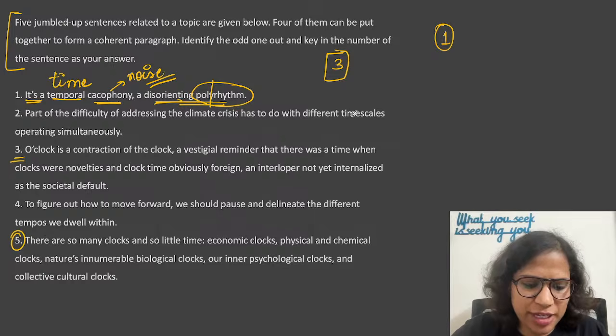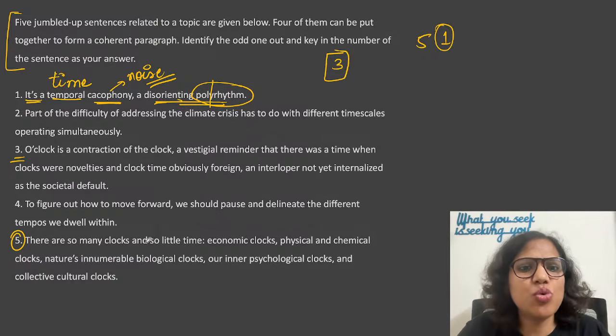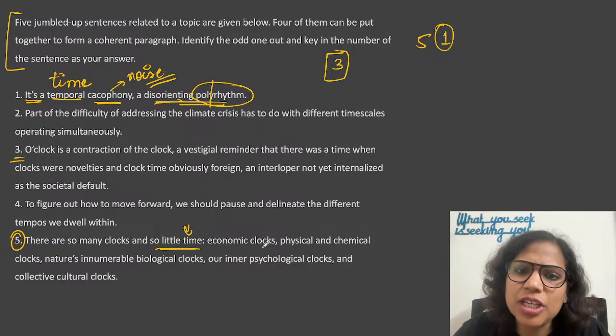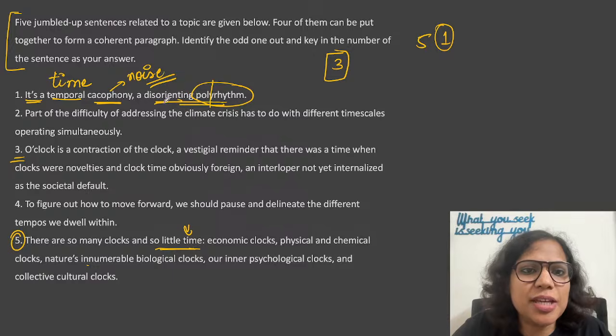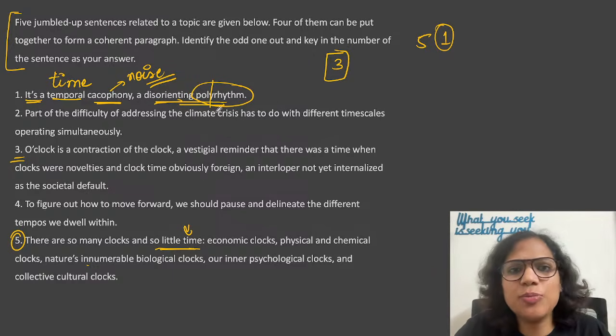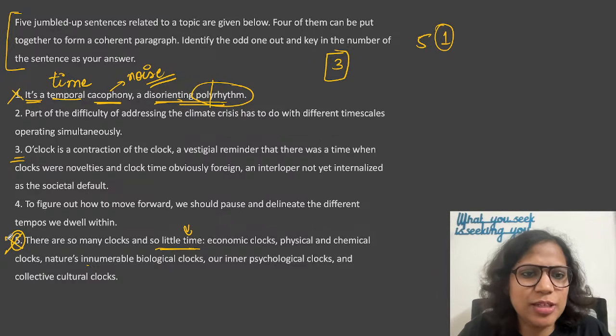It is referring to 5. There are so many clocks and so little time. Economic clocks, physical and chemical clocks, nature's innumerable biological clocks, our inner psychological clocks, and collective cultural clocks. It's a temporal cacophony, a disorienting polyrhythm. So let's eliminate this first.